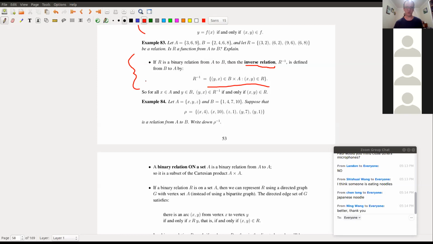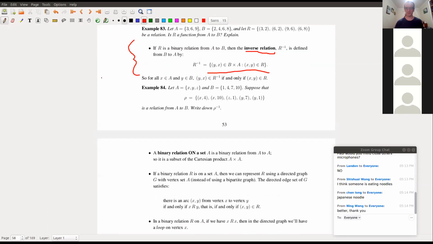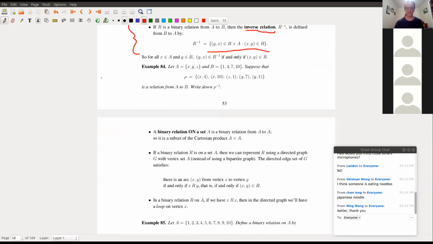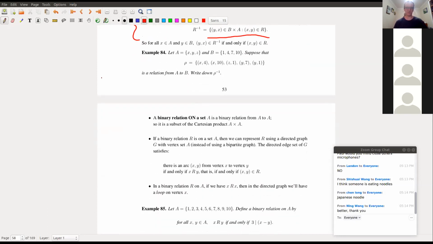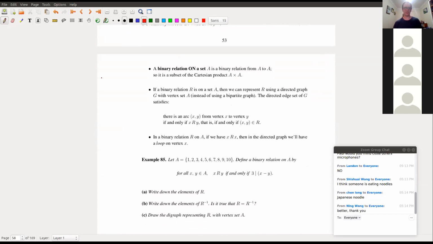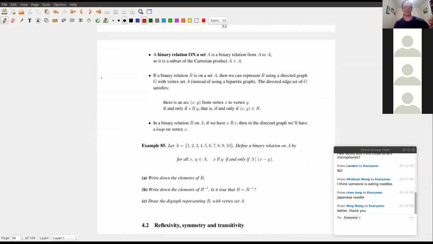This definition of inverse relation will help when we talk about some of the equivalence relation properties in a bit. Now, another one: a binary relation on a set.